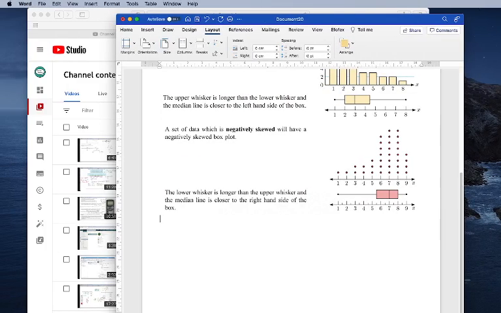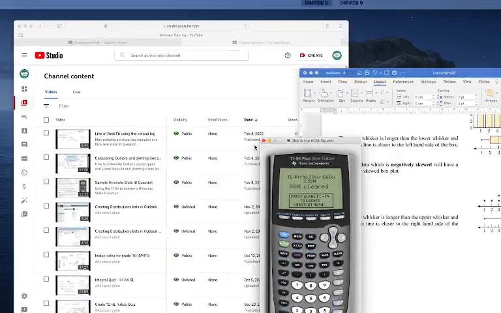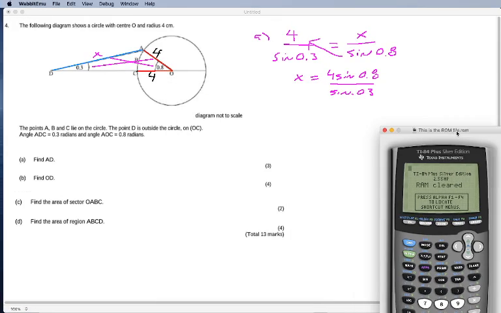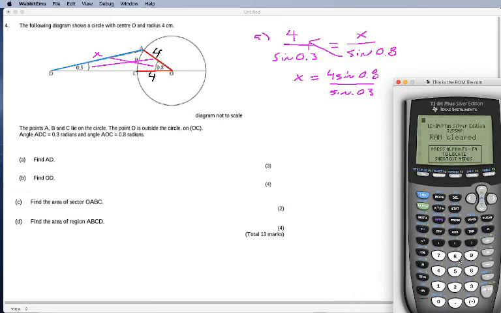Let me check, just make sure I'm in the right mode. Yep, I'm in radians. So we have 4 times sine of 0.8, equals, and then divided by sine of 0.3.